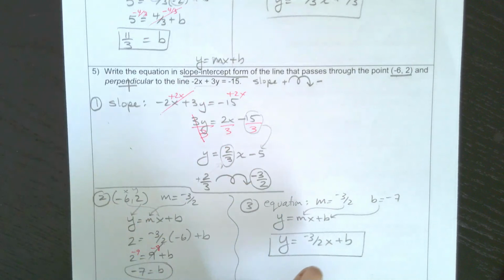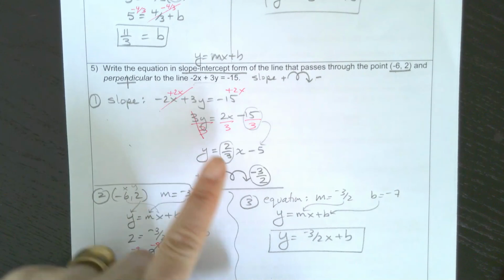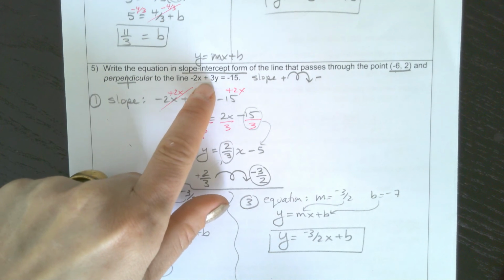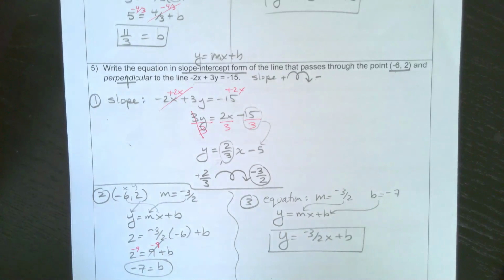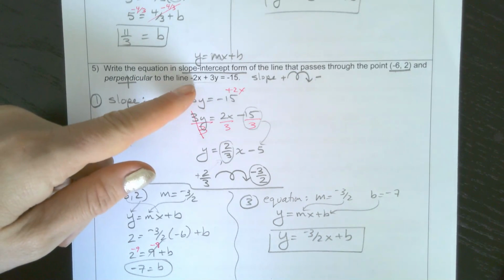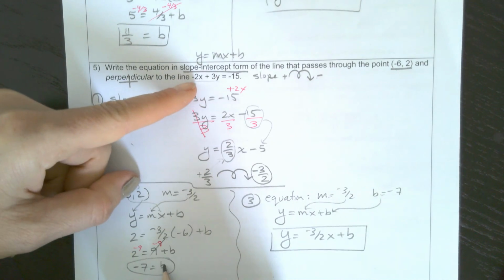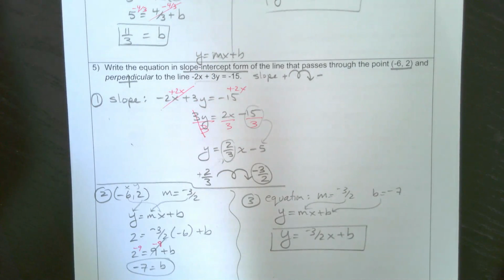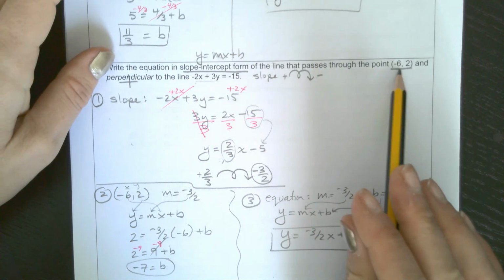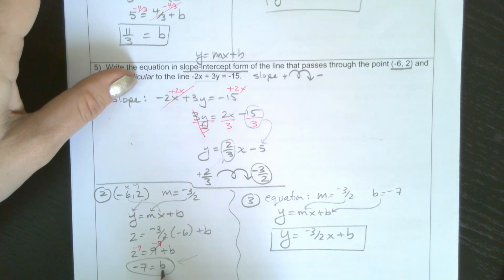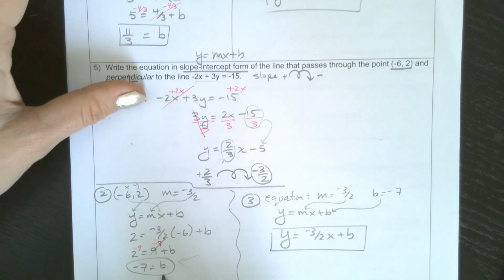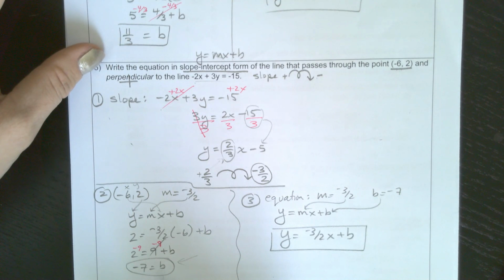So, this equation is perpendicular to this line, and because I have a point, I have to put those points in. If they didn't give me a point and they just said make any line that's perpendicular to this one, I wouldn't have to find b. I would just pick any b I wanted. But they said it has to go through this point, so I have to substitute this point into the equation and find the y-intercept that's correct. Okay, so that's it.